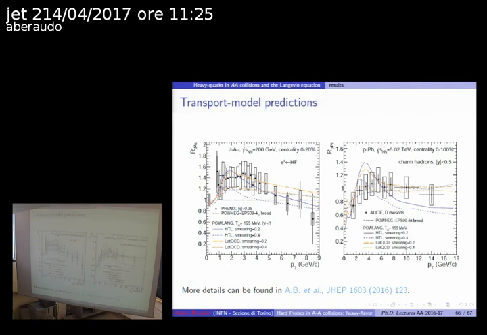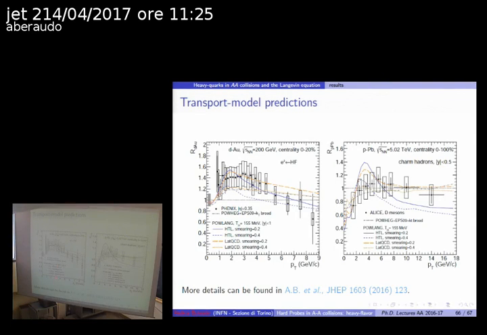Then if you perform the Langevin evolution within this background, these are the results that you get. Blue and orange curves are theory curves with different transport coefficients. The band comes from some freedom in the initialization, and you see that clearly at LHC the experimental error bars are so large that you are not in a position to say whether there is or there is not a medium effect.